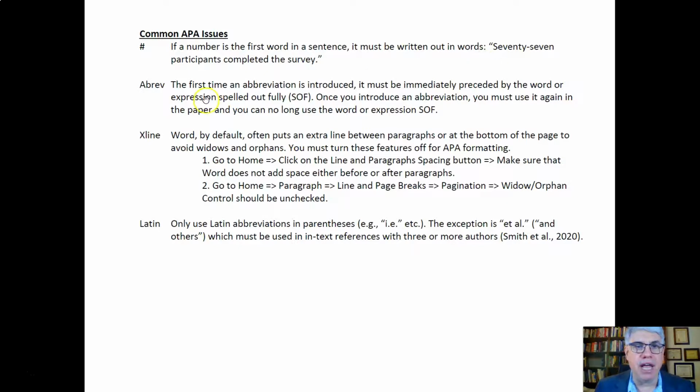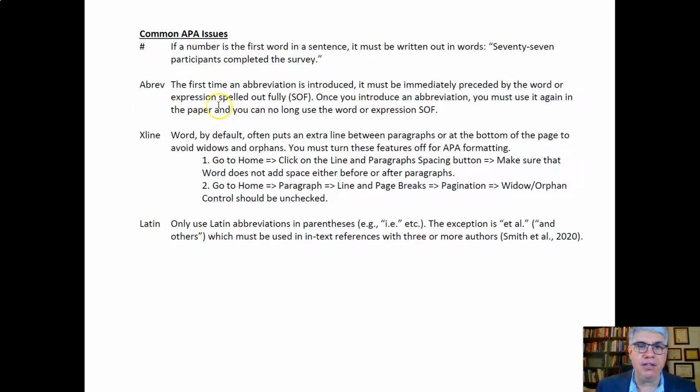Another real common error are abbreviation errors. The first time an abbreviation is introduced, it must be immediately preceded by the whole expression spelled out fully, and then you put parentheses right next to the expression with the abbreviation.